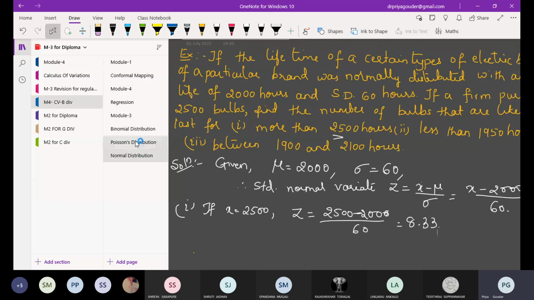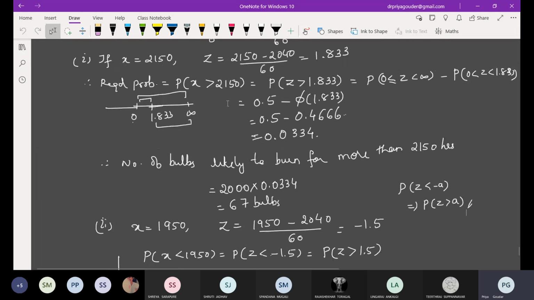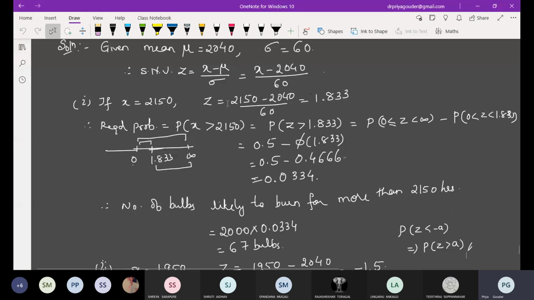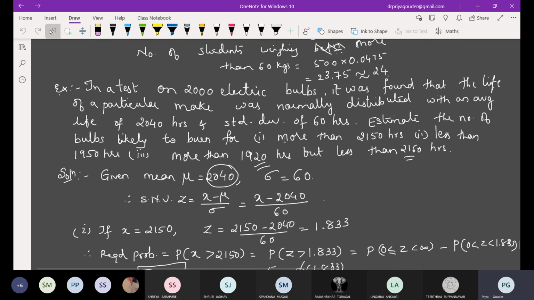Okay, let me just see the previous class. Just a minute. 1950, 2000. Yeah, only one change you can see. It is exactly the same problem, only mu is different. Here 1900 and 2100 are given, but it is exactly similar.